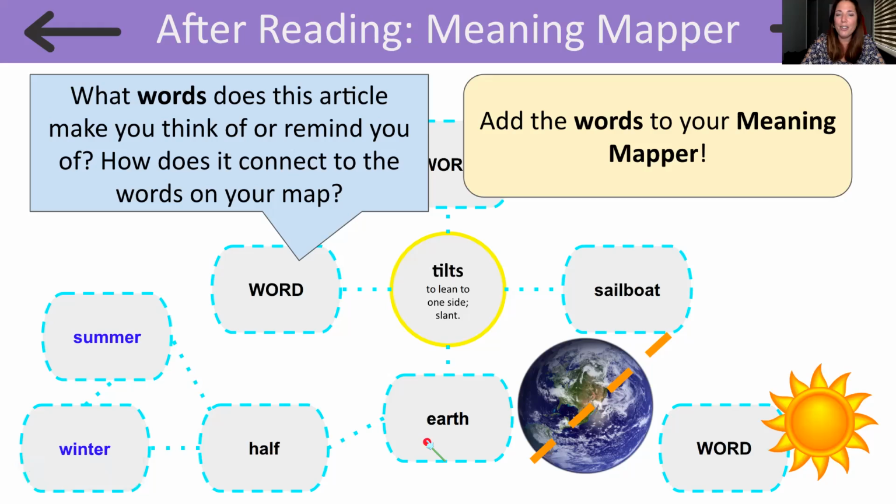And those all connect to Earth, and the Earth that tilts to one side. Sometimes the Earth tilts closer to the sun and it's summer. Sometimes the Earth tilts away from the sun and that part of the world is winter.